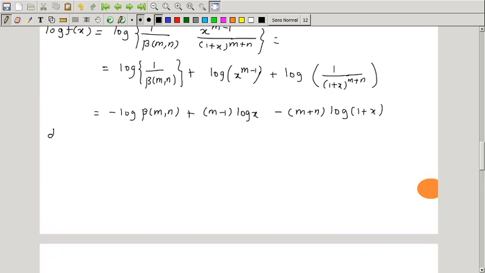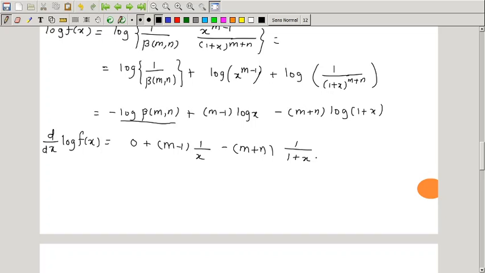Now differentiate with respect to x. Then we get d/dx of log of f of x is equal to, this is your constant term, so the derivative of the constant term is 0, plus (m minus 1) into the derivative of log x, which is 1 upon x, minus (m plus n), and the derivative of log of (1 plus x) is 1 upon (1 plus x), and the derivative of x is 1.